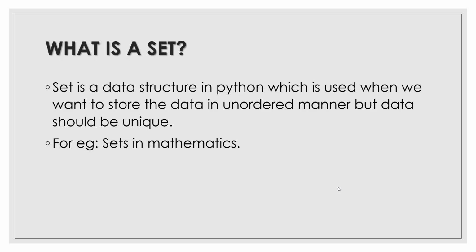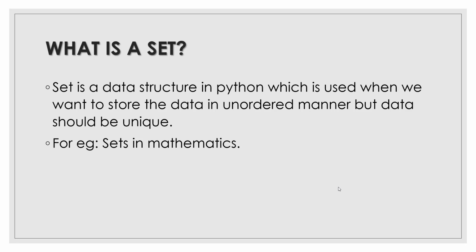So guys, what is a set in Python? Just like we have a set in mathematics, similarly, we have a set in Python. A set is a data structure in Python which is used when we want to store the data unordered, but the data should be unique.